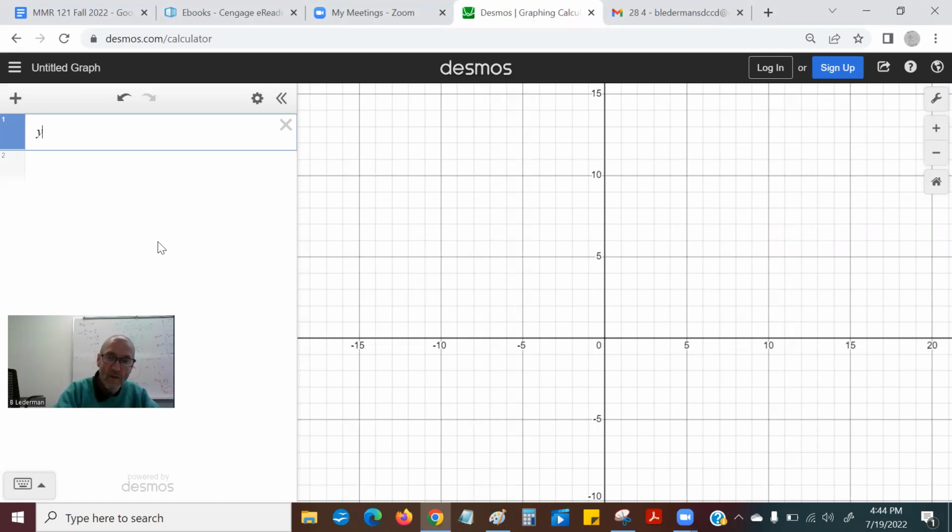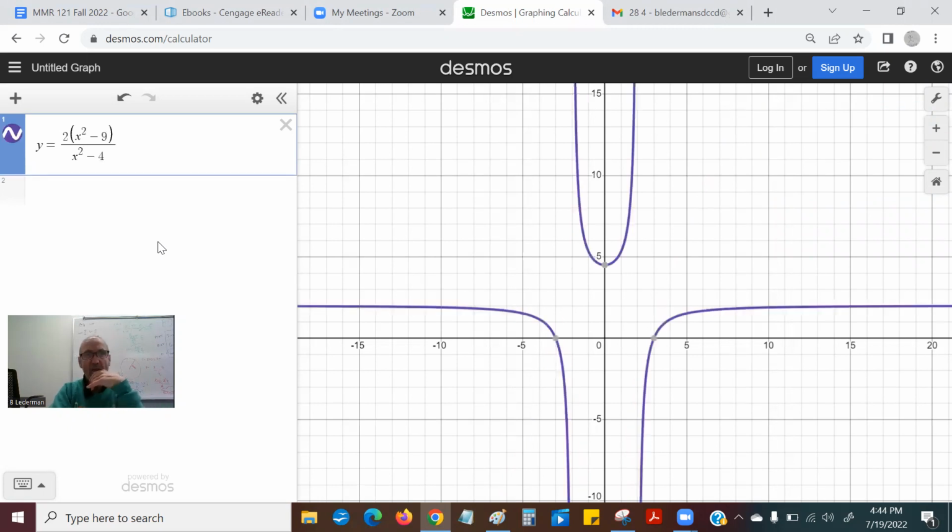Again, we're typing in the original function, y equals 2 times x squared minus 9 over x squared minus 4. Oh, look at that. Wow.